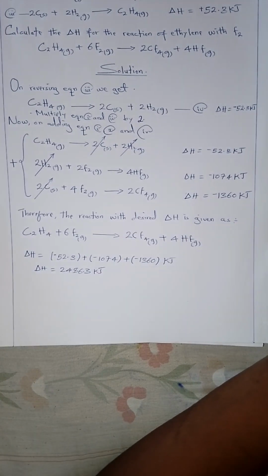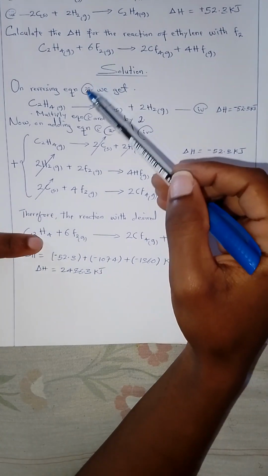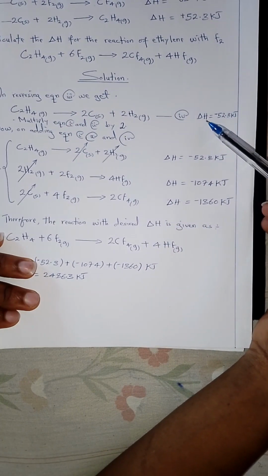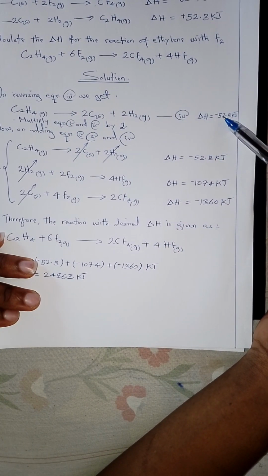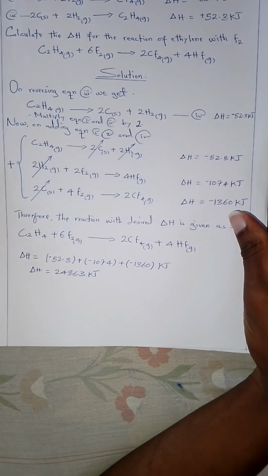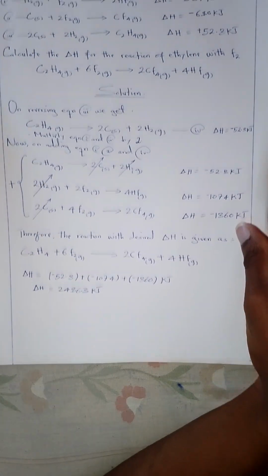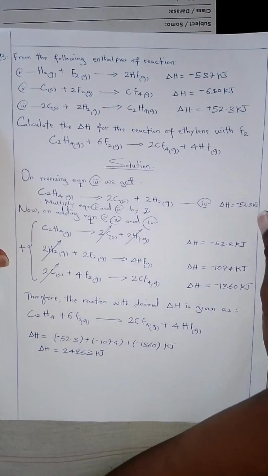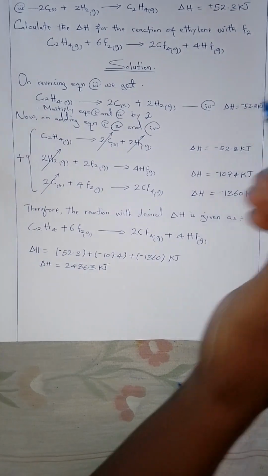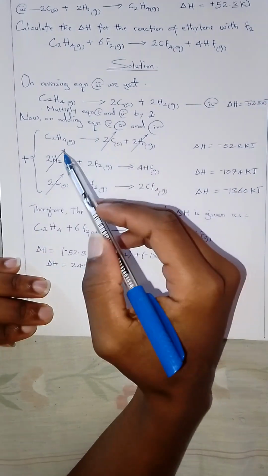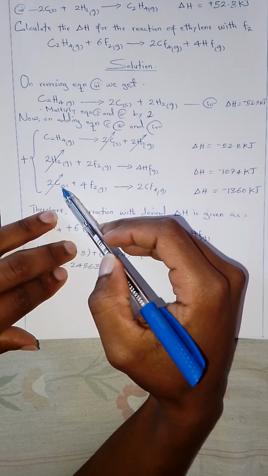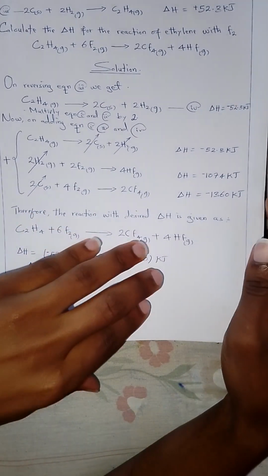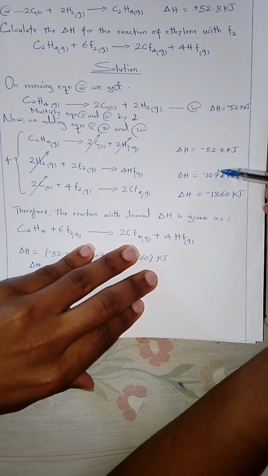On reversing equation 3, we get something like this, and we can see that its enthalpy change became negative 52.3 kilojoule. Also, we have to multiply equations 1 and 2 by 2. That is, equations 1 and 2 have been multiplied by a factor of 2, and their enthalpy changes will also be multiplied by 2.